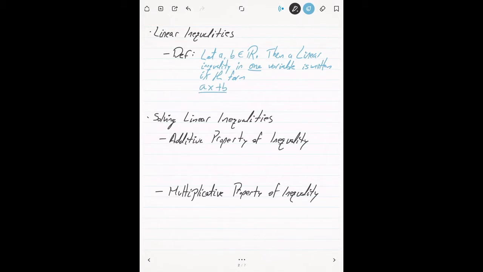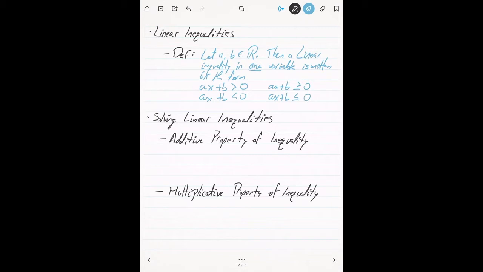You can think of it like mx plus b. Instead of it being equal to 0, we are going to say that it is greater than 0. So we have ax plus b, some number times x, plus some other constant is greater than 0. But we could also say that it's less than 0. We could also say that ax plus b is greater than or equal to 0. And we can say that ax plus b is less than or equal to 0.